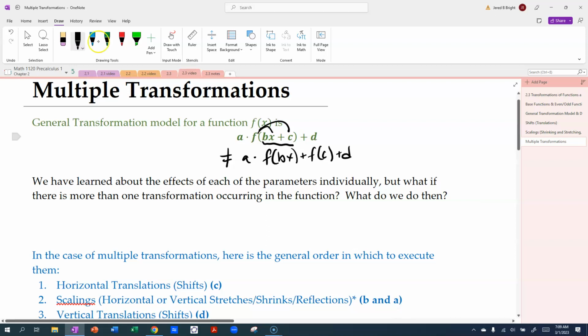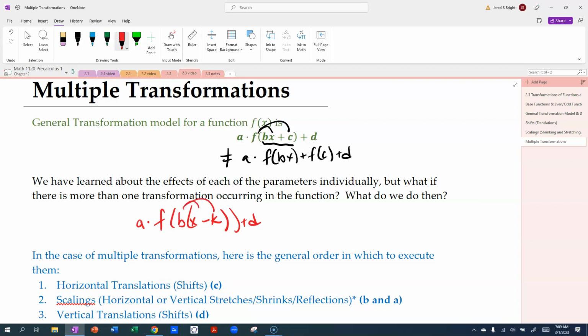If you don't have the general transformation model, if you have something that looks like a times f of bx, and then inside there's parentheses with k in here, and then plus d, I recommend distributing, so you get a times f of bx minus bk, plus d, and this would just be your c. I recommend distributing that out inside of f of x itself.